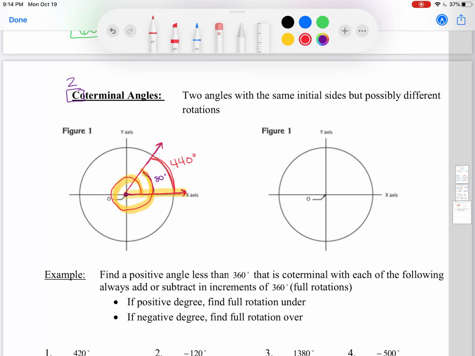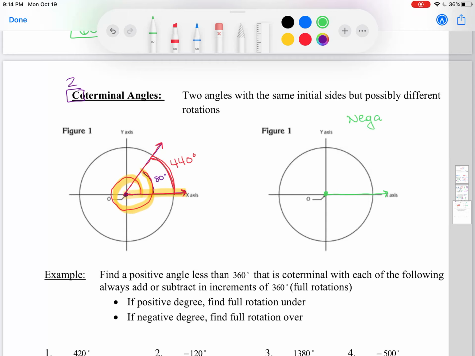So a coterminal angle with 80 could be 440 degrees. If I add another 360 to that, it could be 800 and so forth. So if you keep adding rotations, otherwise known as circles, if you keep adding 360 degrees, you will still have the same angle, just at a different rotation. That's what that vocab means, right?